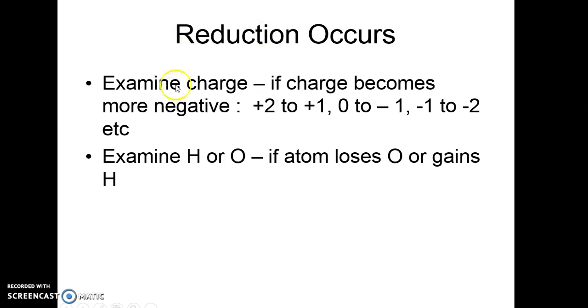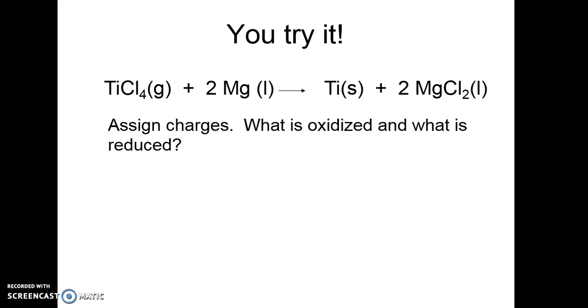If it's reduction, the charge is becoming less positive or more negative, whichever way you want to say. If you're examining hydrogen or oxygen, the atom loses oxygen or gains hydrogen. This is a lot of things to remember here, so you're going to need to practice a lot of these reactions. Go ahead and try this.